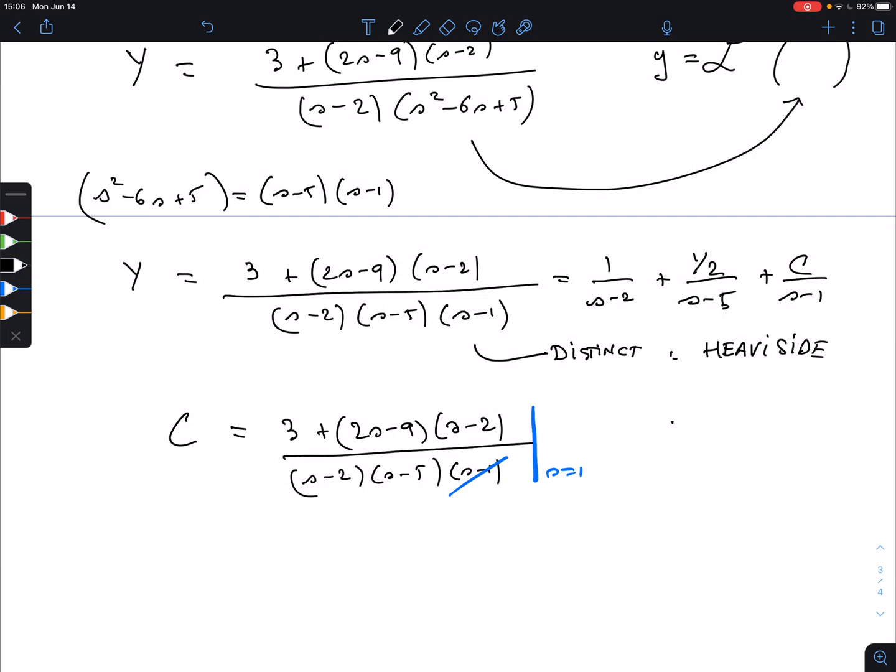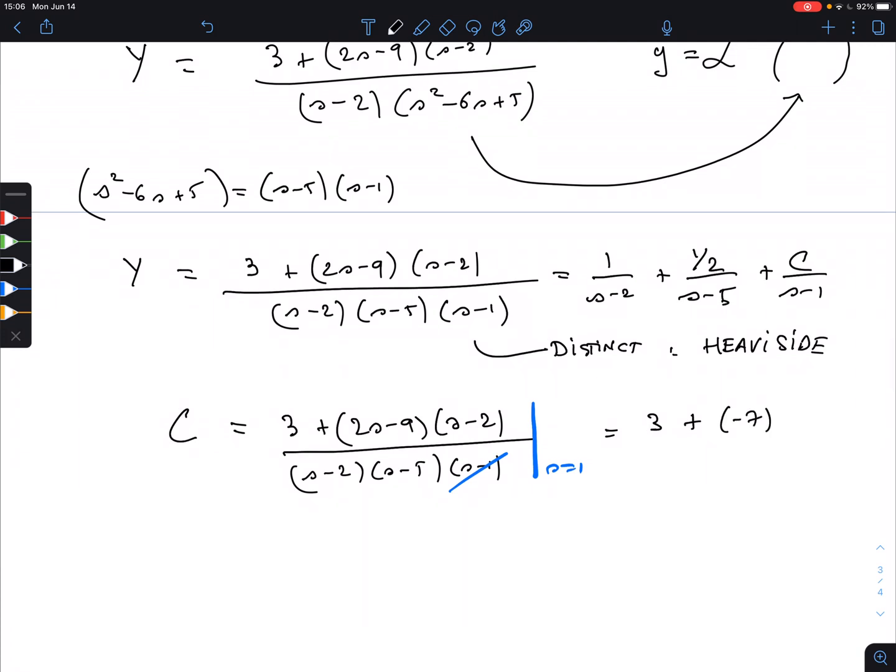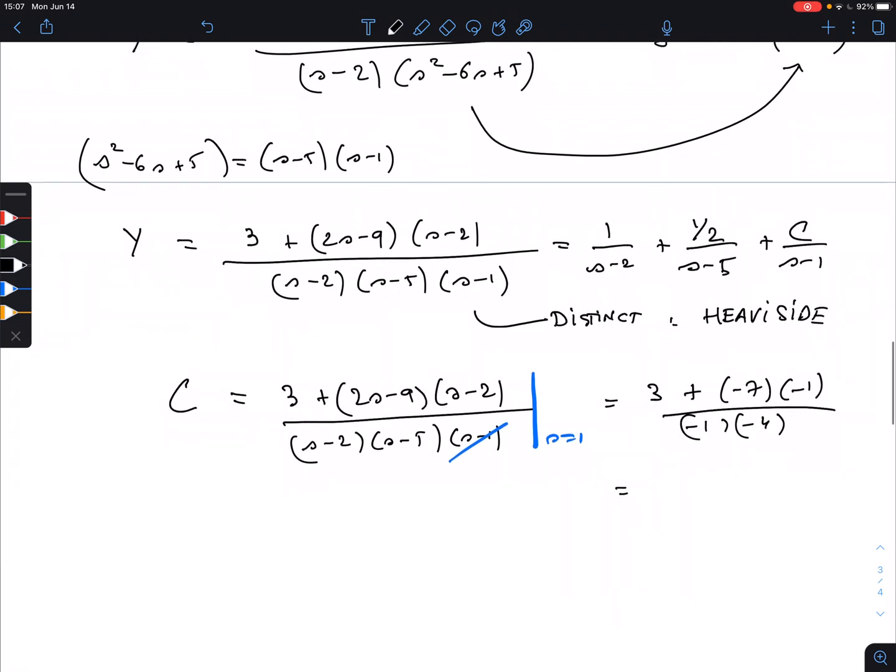Okay, so in the top we get 3 plus, the dot is just a straight dot, 2 minus 9, that is minus 7, 1 minus 2, that's negative 1, and in the bottom I get minus 1 times minus 4, so I get 10 on top, minus 4 on the bottom, if you want minus 5 halves. Okay, so I can make this into minus 5 halves.